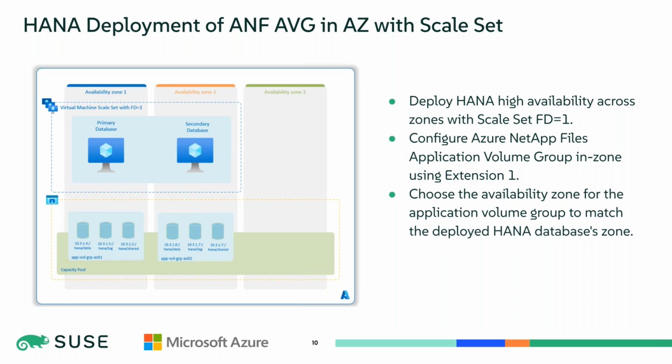So if we look at a primary and secondary database for SAP HANA, that could be deployed in a virtual machine scale set. The application volume group for the primary database is created on AZ1, and for the secondary database, it is created on AZ2. So you could directly now create an ANF AVG in an availability zone, and it is a GA feature now.